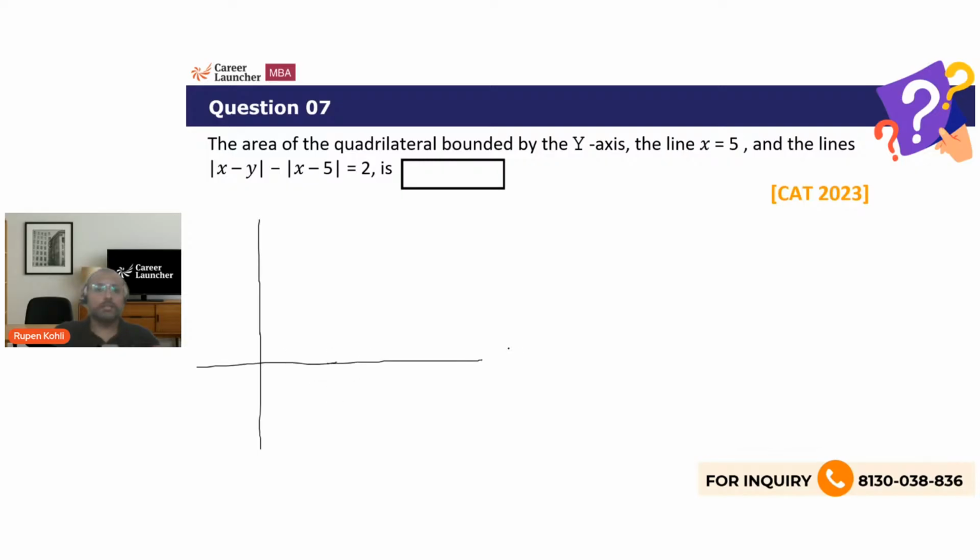Let's see what we have to do. X and y-axis. Now, so y-axis and the line x equals 5. X equals 5 is a vertical line at the distance of 5 units away from the y-axis, passing through (5, 0). So basically, the graph is limited within x from 0 to 5, essentially.